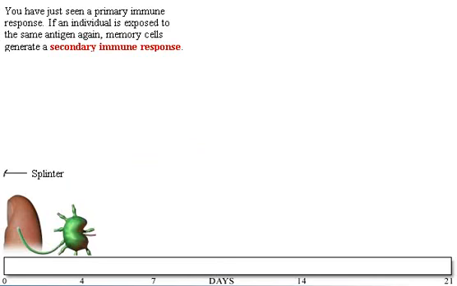You have just seen a primary immune response. If an individual is re-exposed to the same antigen, the memory cells that were created by previous immune responses generate a secondary immune response. Click the splinter to elicit a secondary immune response.